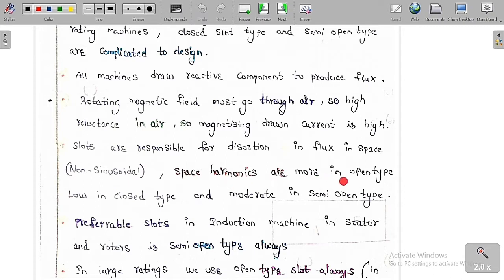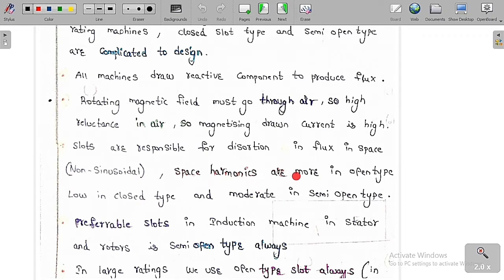So space harmonics are more in open type slot, low in closed type slot, and moderate in the semi-open type slot. The space harmonics are very high in the open type slot, moderate in the semi-open type, and very low in the closed type slot.